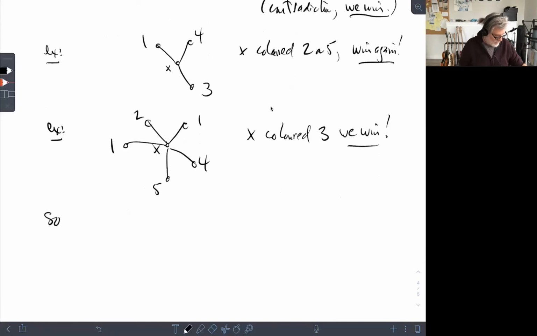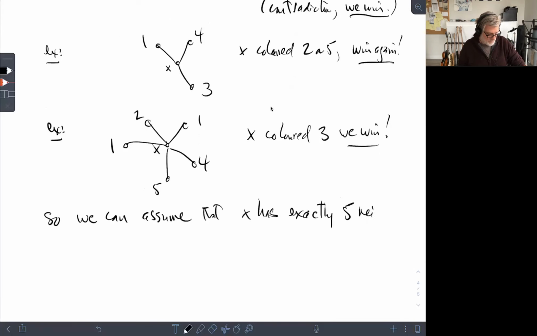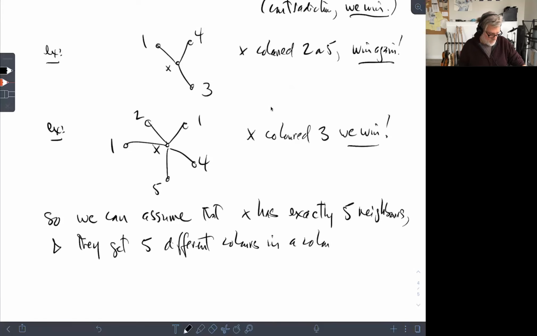So we can assume that X has exactly 5 neighbors, and they get 5 different colors in a coloring of G prime.